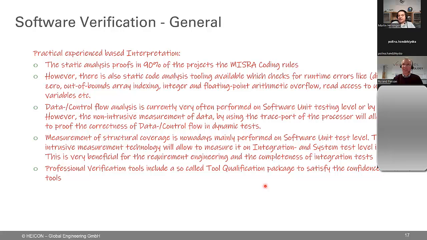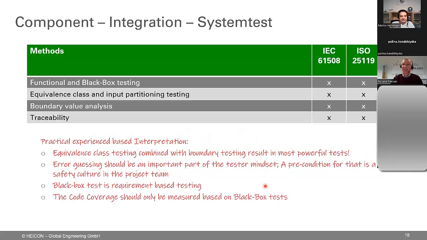There are cases where you do not need to buy it to fulfill the safety standards. This is in cases where you have a SIL 1 or a PL A or so on, the lower levels, and depending on the assessors, you sometimes can avoid buying the tool qualification package. But from a safety perspective, it's highly recommended to buy it, and to execute it, actually, not only buy it.